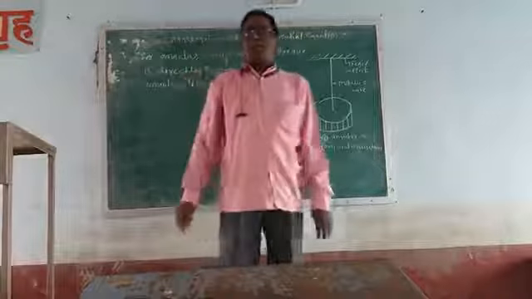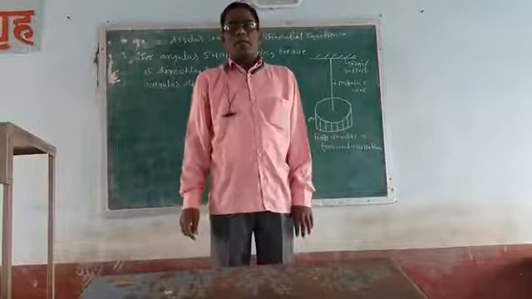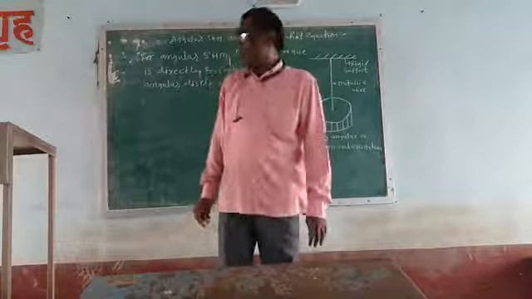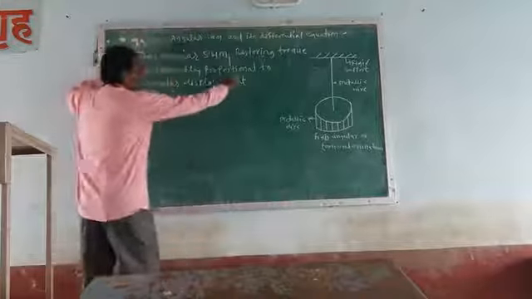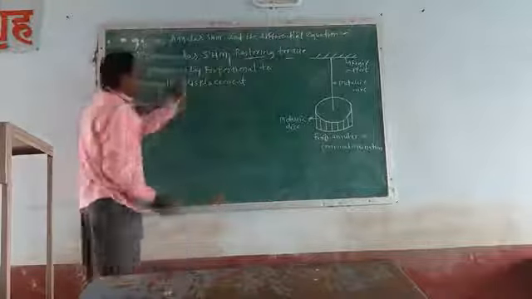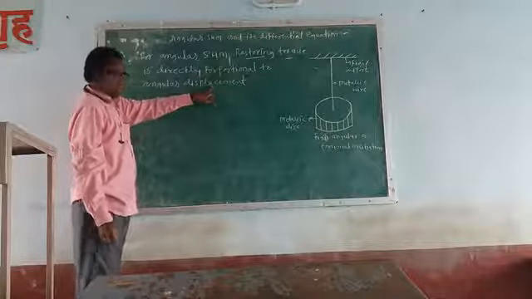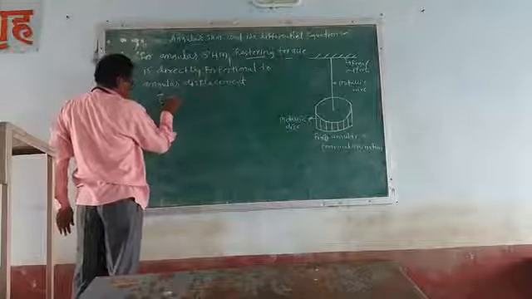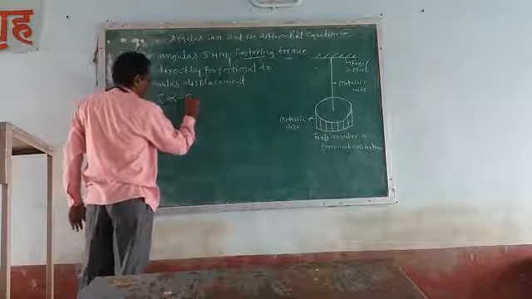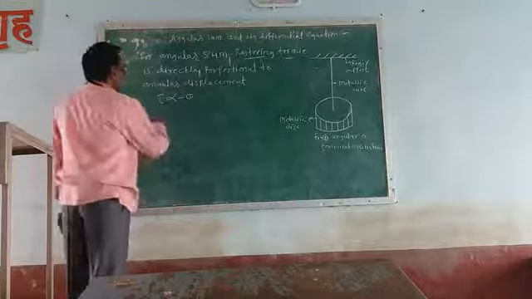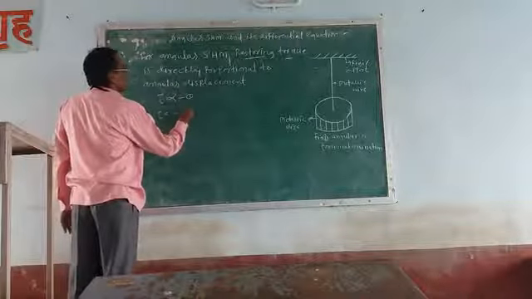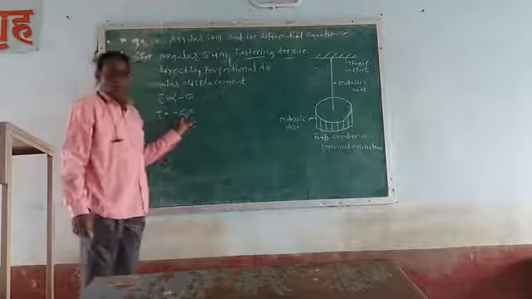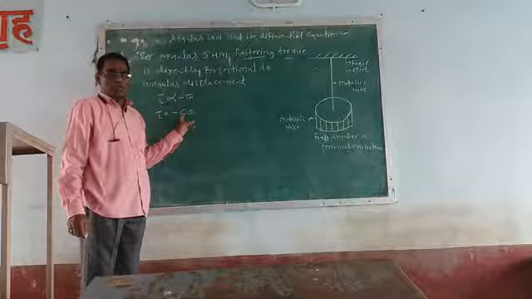Angular acceleration is denoted by alpha, and angular displacement is denoted by theta. The restoring torque is directly proportional to angular displacement. Write it as: torque tau is equal to minus c into theta, where c is the constant of proportionality.